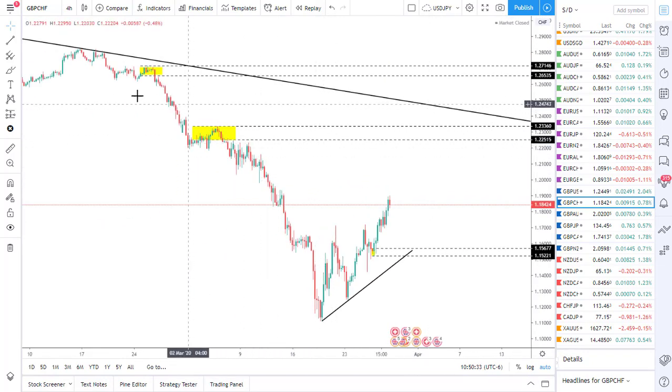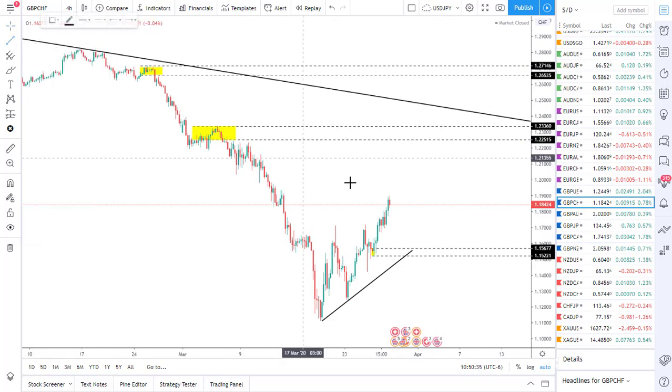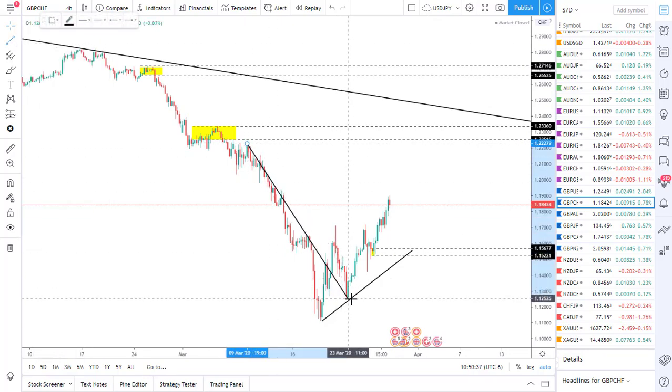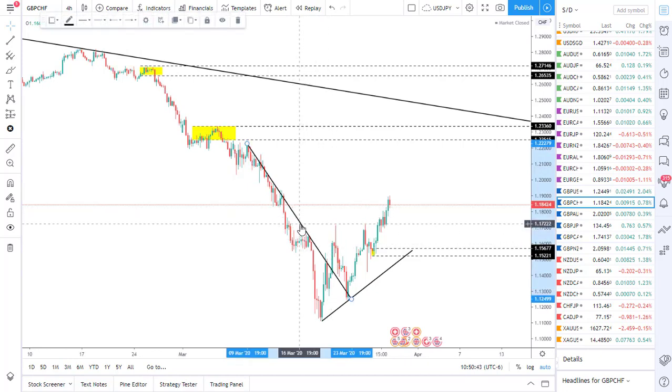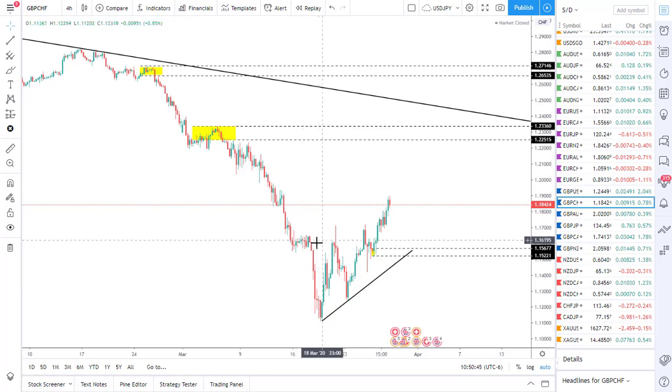Alright, we had a trend line here. That was broken. The trend line was removed. And this zone here was removed also. So the rule says that a market shift or structure change happens when a supply zone or a demand zone is removed along with the trend line.